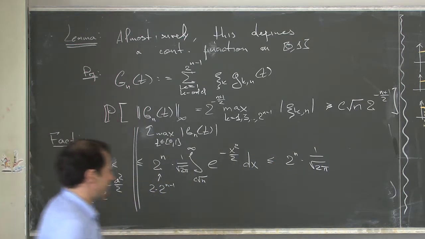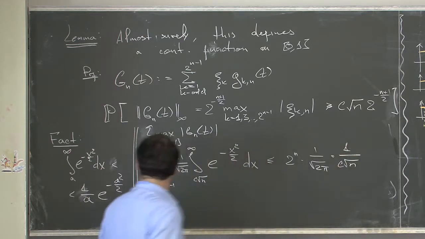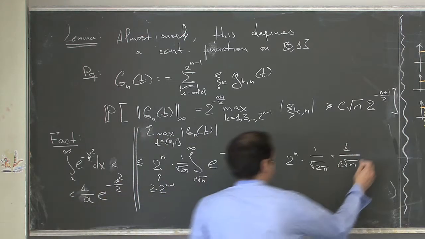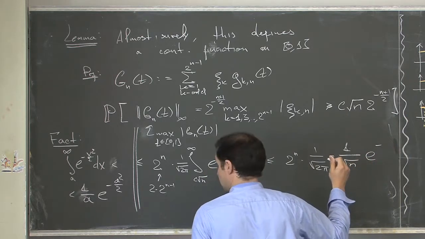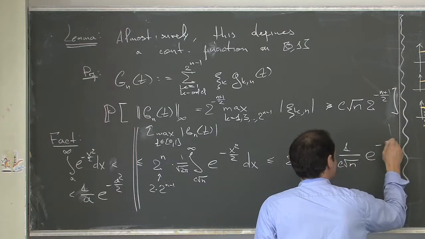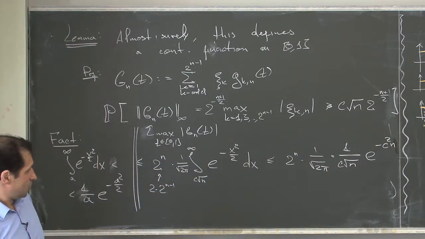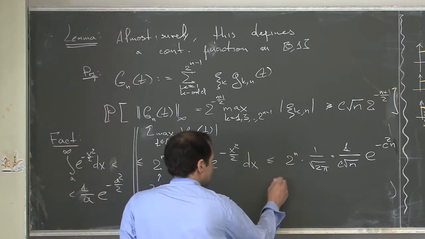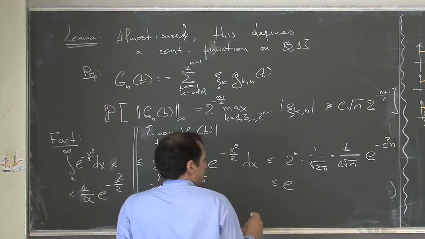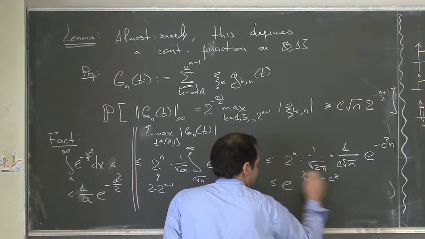It tells me I have 1 over c square root n, and hopefully exponential decay minus c squared, right? Now this is less than exponent of log 2 minus c squared.